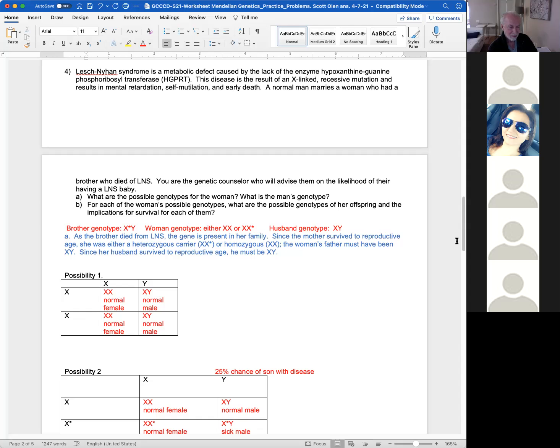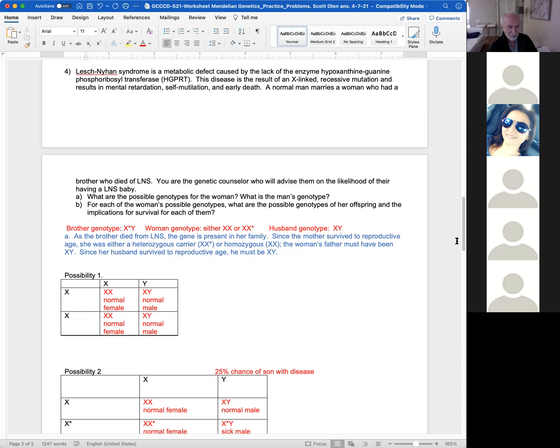But she might have it or not have it, because her mother has two eggs. So one she's a carrier, one she's not. So she can get one X that doesn't have the disease from her mother, and one X from her father. So she might not have any problem. But if she gets the X that has a problem, and one X from her father that doesn't have problems, there is a 50% chance.